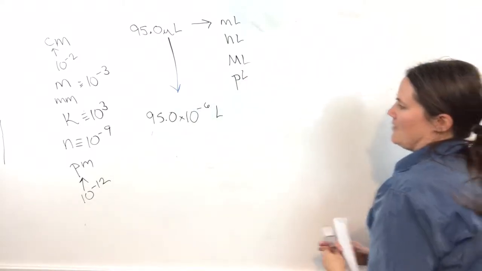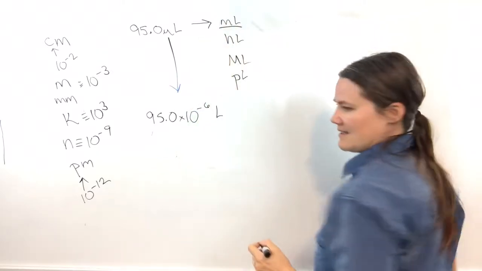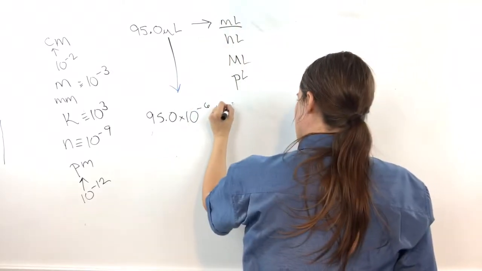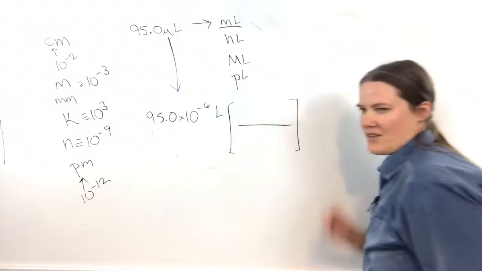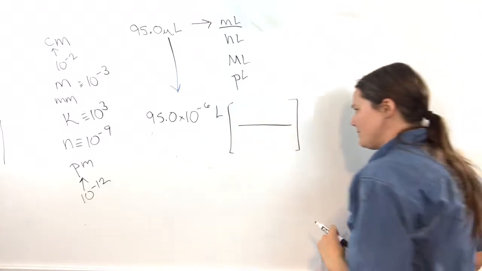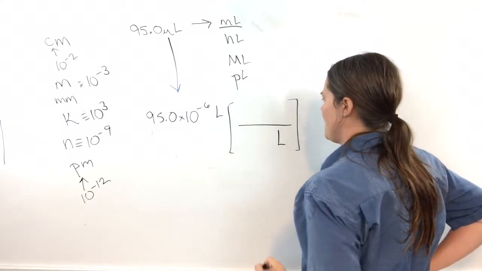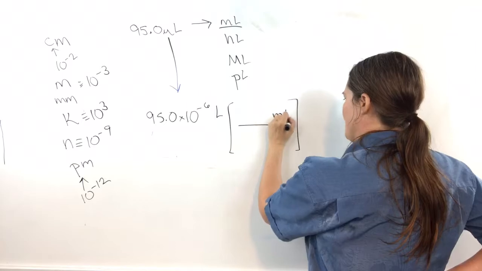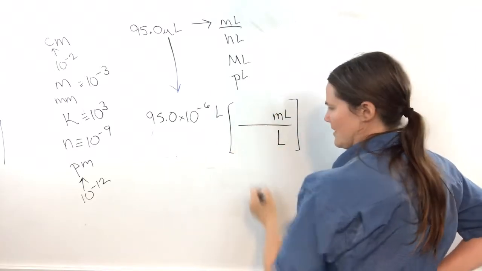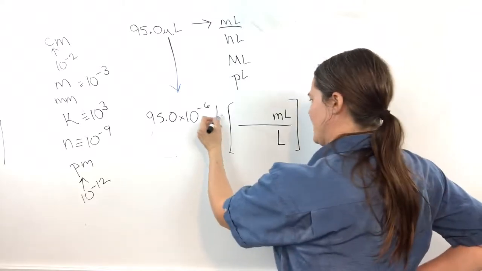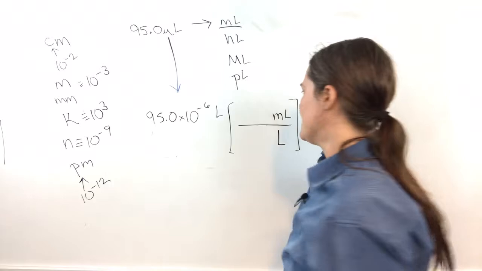Now the first thing I want to do is convert this into milliliters. I need to write a conversion factor for this, and I need the liters to cancel, so I want liters on the bottom and milliliters on the top. When I write in the correct conversion factor, the liters will cancel and I'll be left with milliliters.